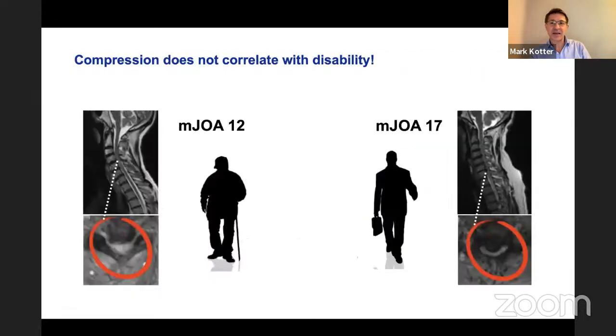The second thing that is becoming more and more clear is that the amount of compression that we see in our clinical patient cohort does not correlate with disability. So you can have individuals with relatively mild compression having severe myelopathy, and others with relatively severe compression that have very minimal symptoms, like the one on the right.